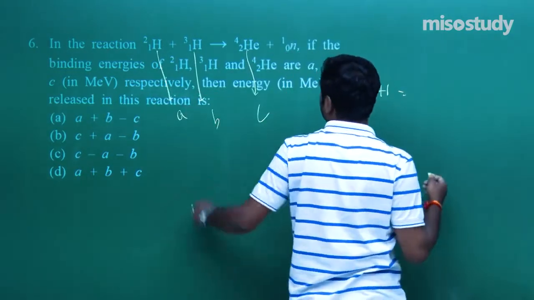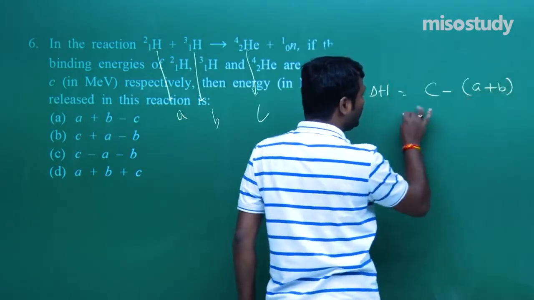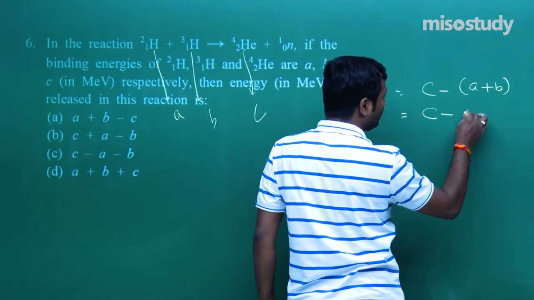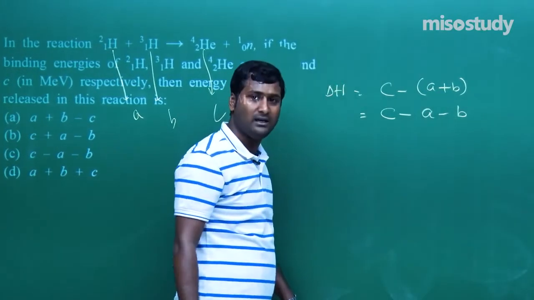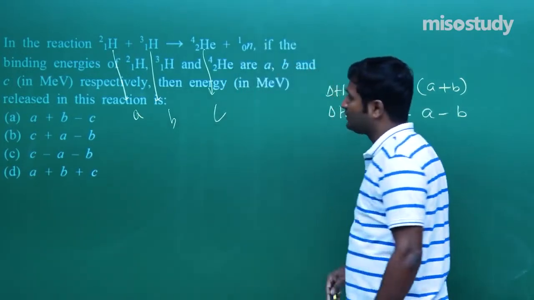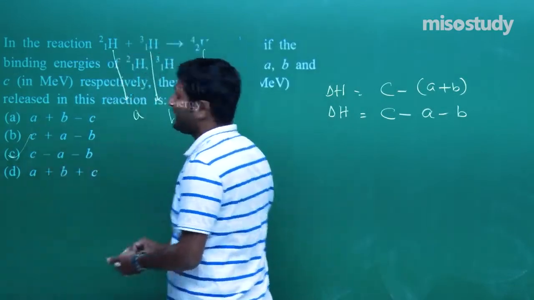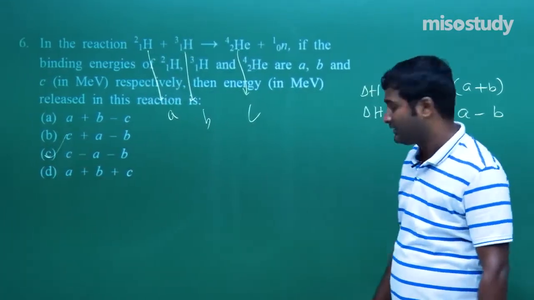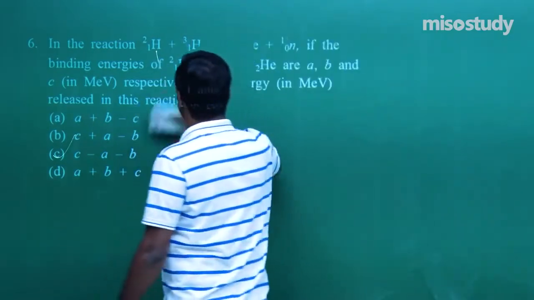So the energy released in this case is C minus (A plus B), a normal reaction, as we have studied these things in thermodynamics also, C minus A minus B. So delta H will be equal to C minus A minus B. For question number 6, C is the correct option. Okay, now I'm going to rub this part and we'll discuss the next thing.